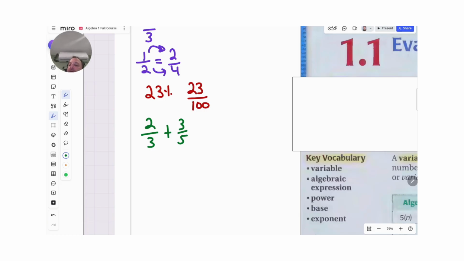For example, we cannot add thirds and fifths together. So we're going to rename them with a common denominator. So let's use 15ths as we're looking for our number that they both can go into.